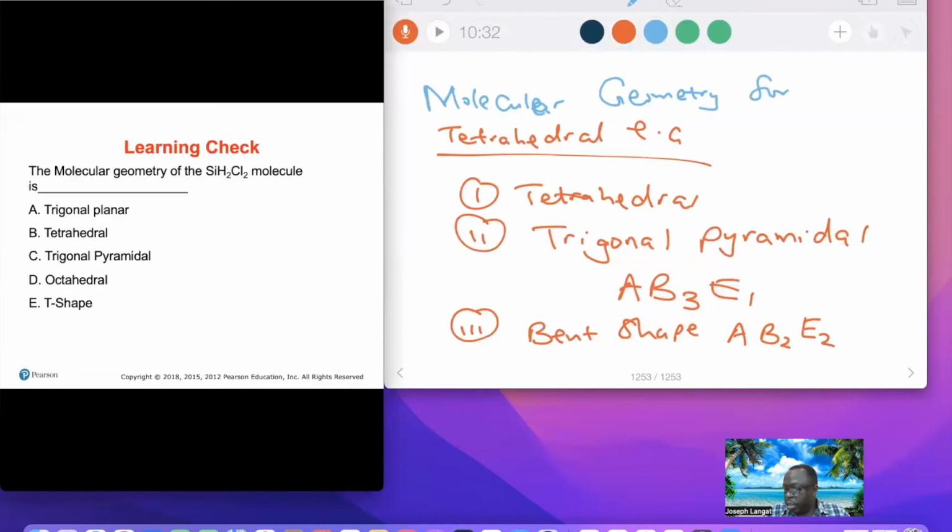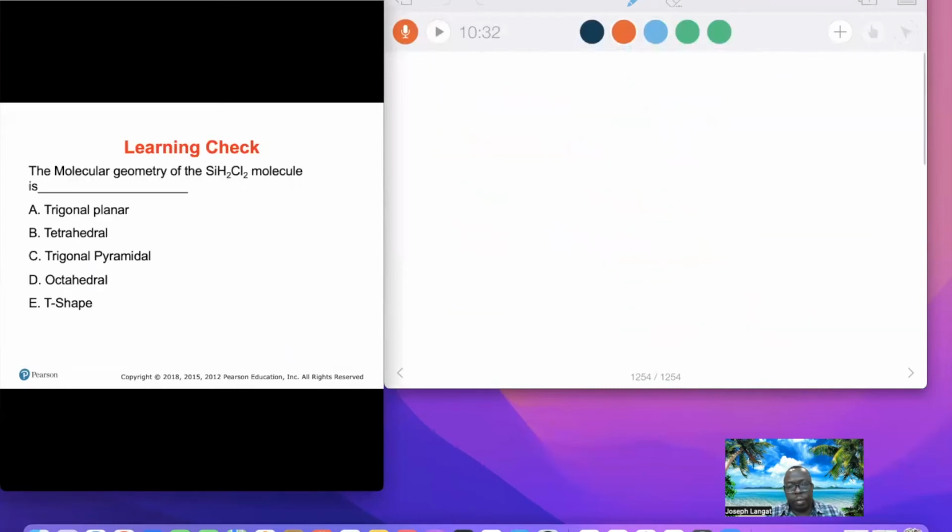In the following, we have 5 domains. We have looked at 2 domains, 3 domains, 4 domains. We're going to go to 5 domains, but before that, let's look at the question here. The molecular geometry for this molecule is what?